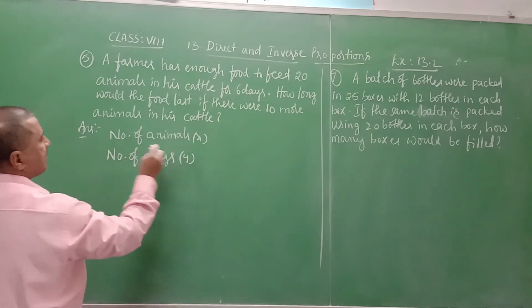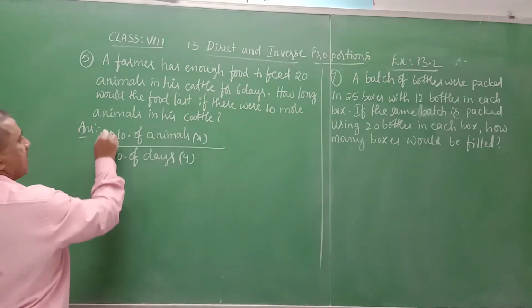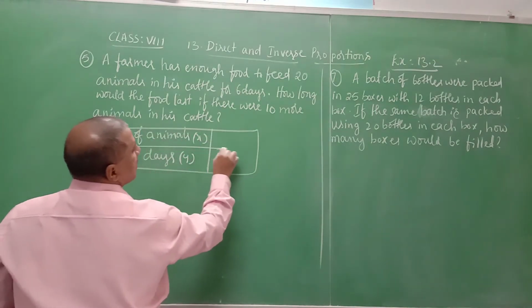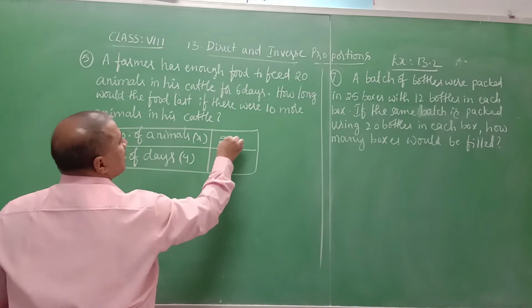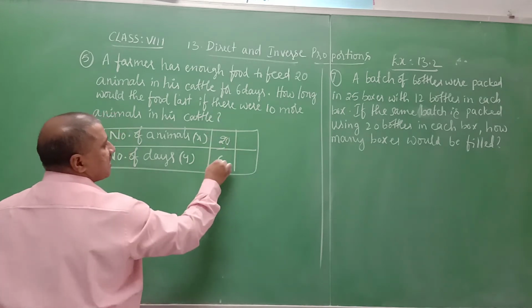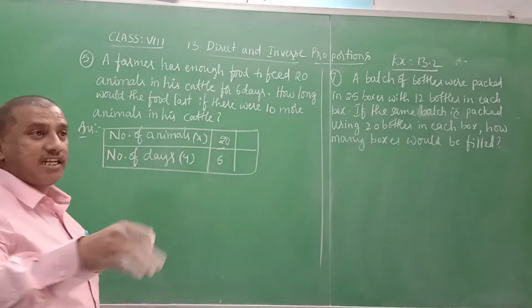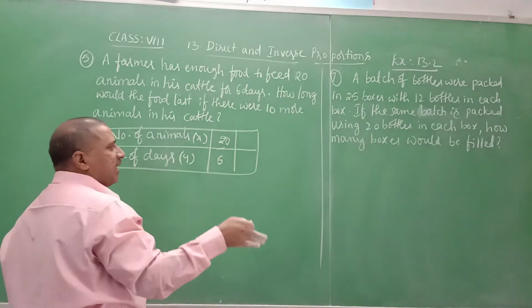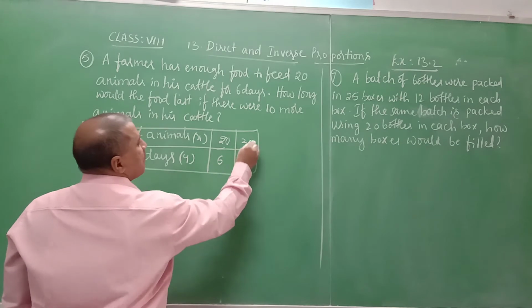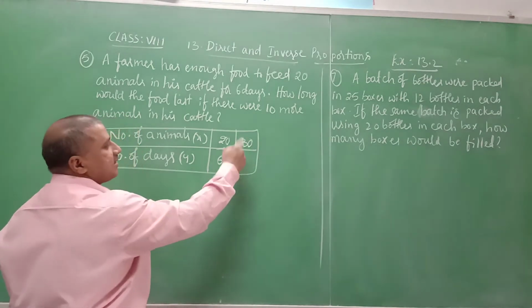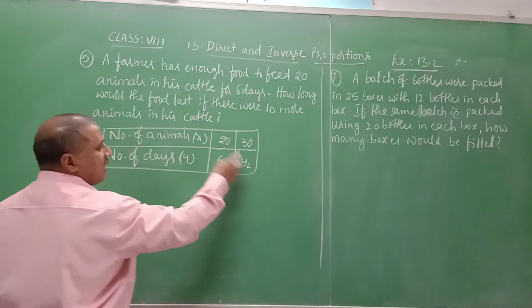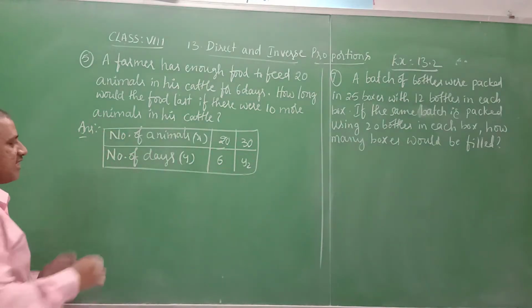Two cases are there. In the first case, 20 animals are there and the food is sufficient for 6 days. The second case is if 10 more animals are there: initially 20, 10 more means 20 plus 10 is 30. For how many days is it sufficient? So it is x1, y1, x2, y2. This is in inverse proportion.